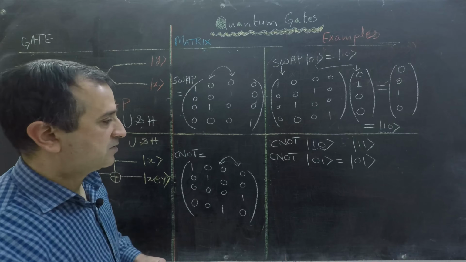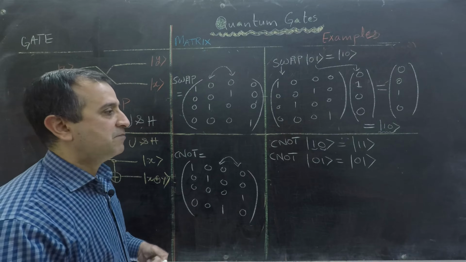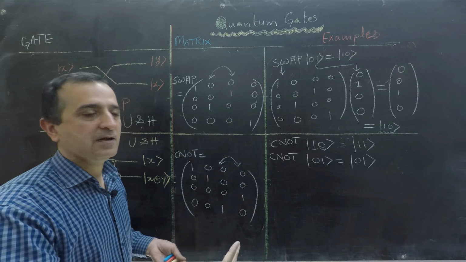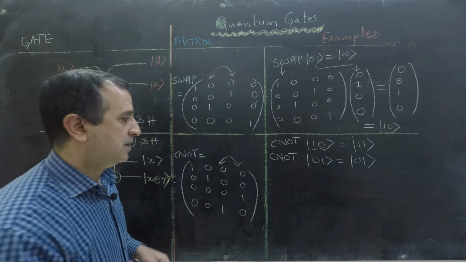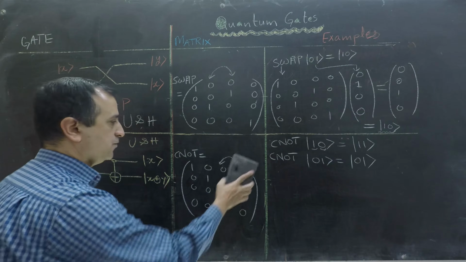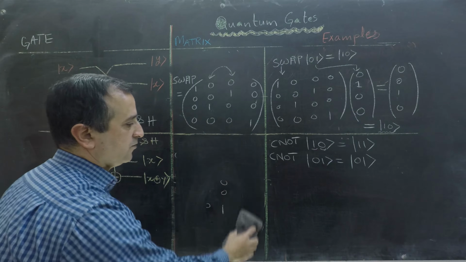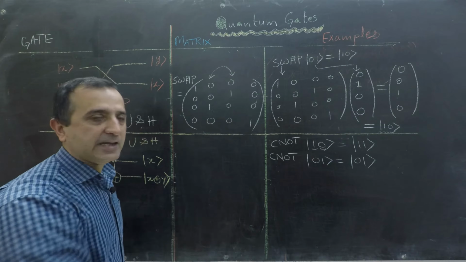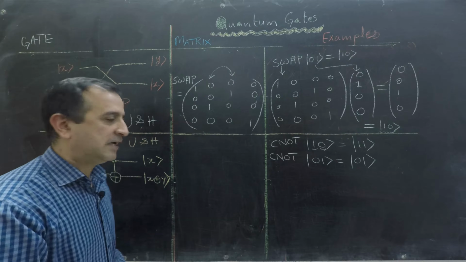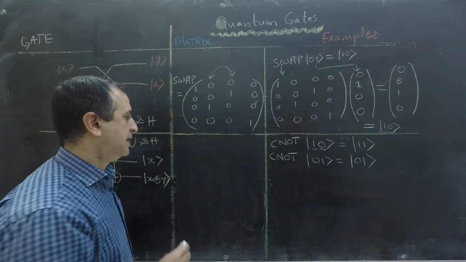Now, there is an important thing that I want to mention, that we can make a control gate out of any single qubit gate. Our formula for making a control gate is as follows. But this formula works for the big endian system. For the little endian system, you need to write a different formula, but I like the big endian system.